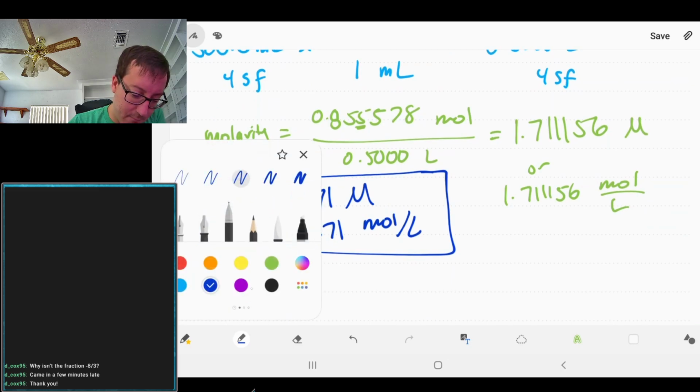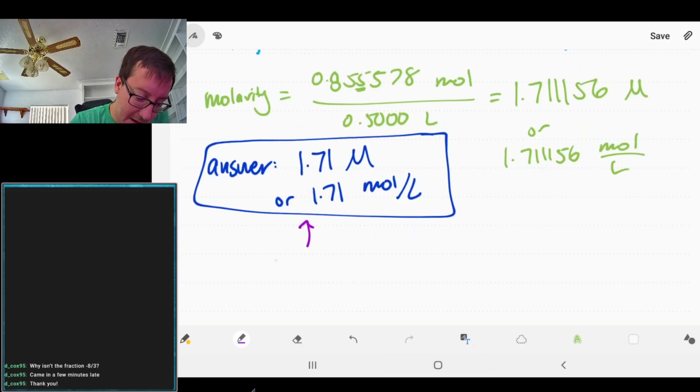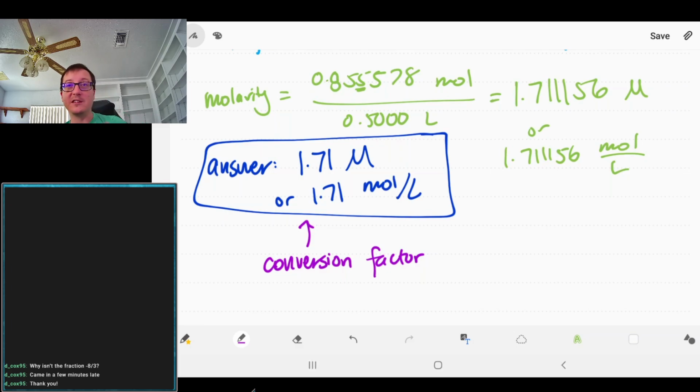What's more useful about this, it's all fun to calculate, right? Just need to have things in moles and liters to calculate this. But this is now a conversion factor. Notice 2 units, moles per liter. That tells us how many moles is equal to how many liters of solution. And this is something that's a lot easier to measure than masses, especially if something is unknown.